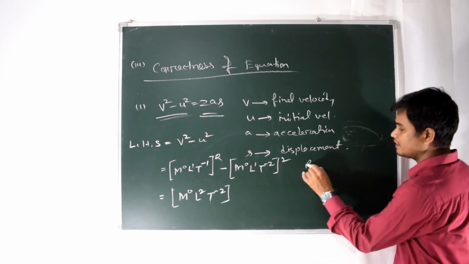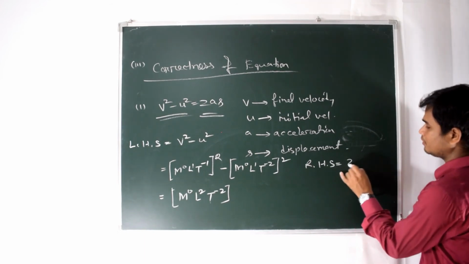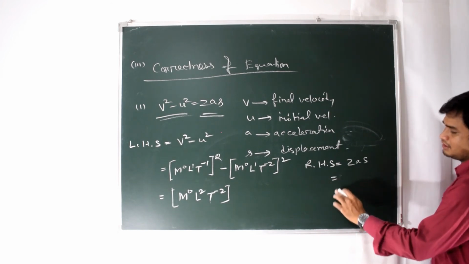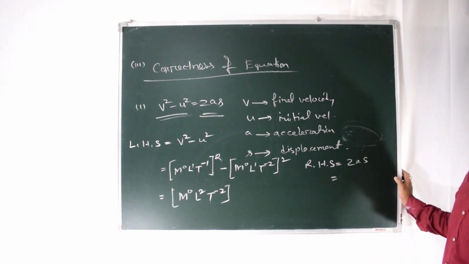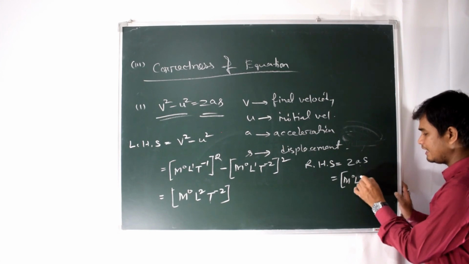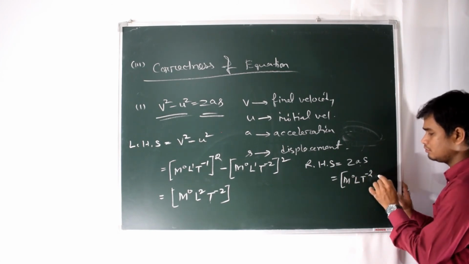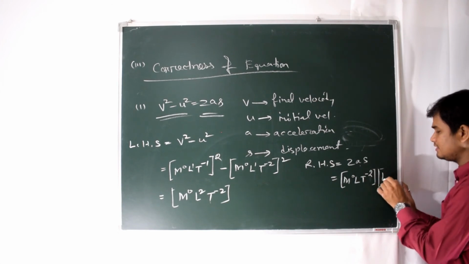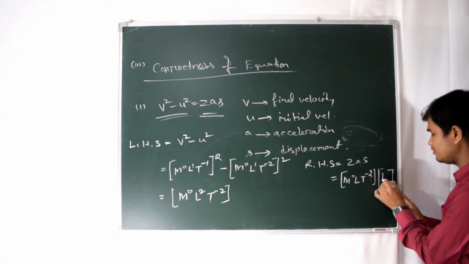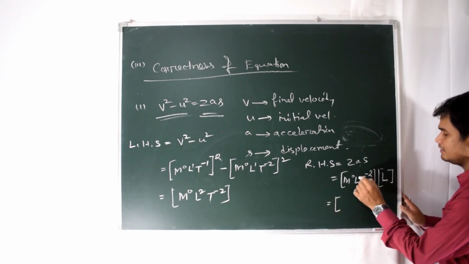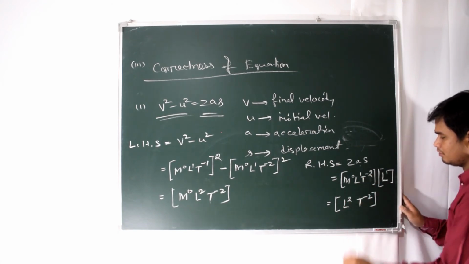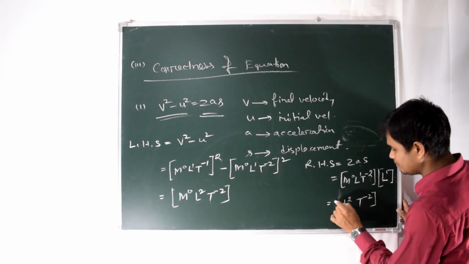Now the right hand side is twice a s. 2 is an integer, and its value is not considered in dimensional analysis. Acceleration is m0 l1 t minus 2, into s. S means displacement or distance, which has the dimension of length, l. So l into l gives l square t to the power minus 2.